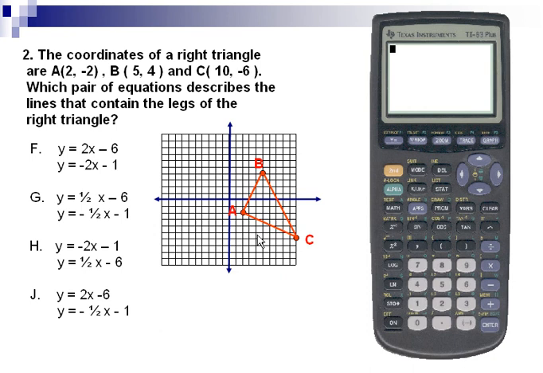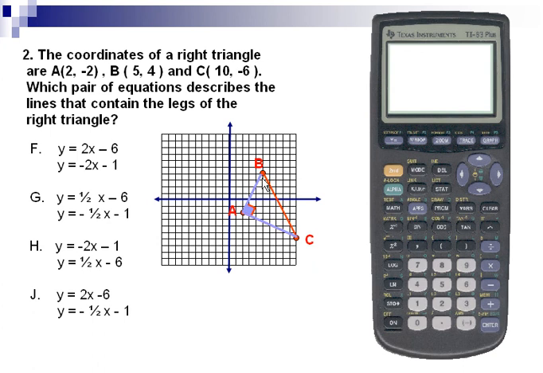The legs are the sides of the right triangle that form the right angle. Our right angle is here, and so the legs are segments AB and AC. These are the two segments that we want to find the equations for.